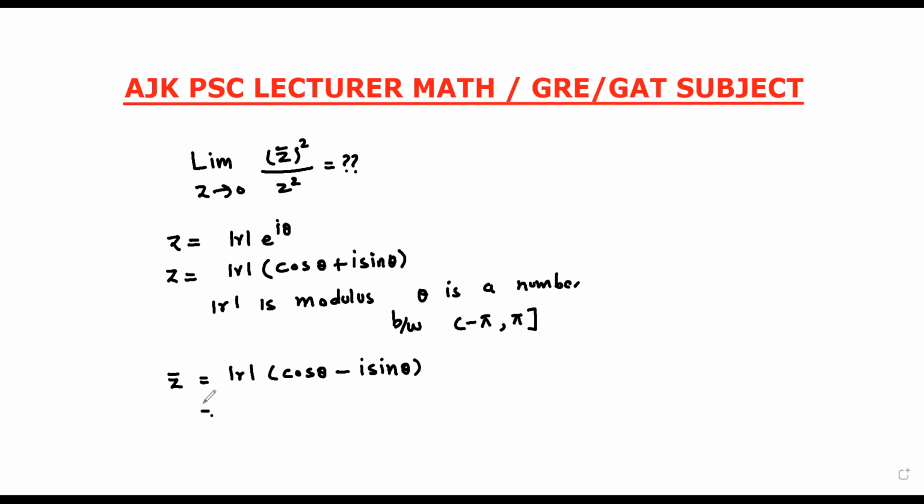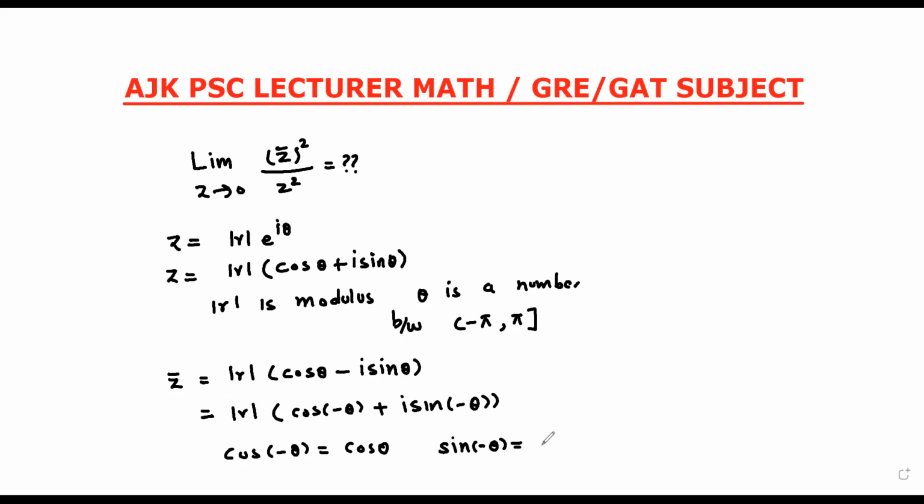And if I write it simply, we can write modulus of r into cos of minus theta plus iota sine of minus theta, because you know that cos of minus theta is equal to cos theta, and sine of minus theta is equal to minus sine theta.